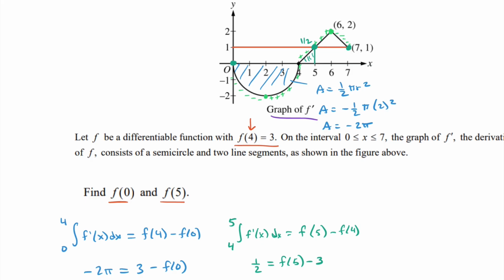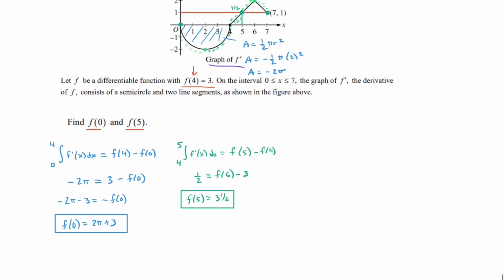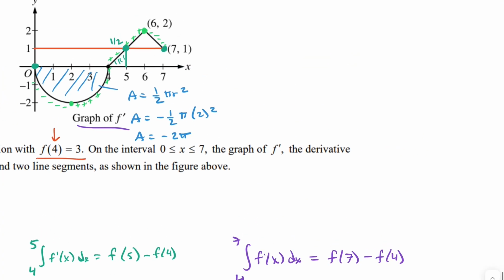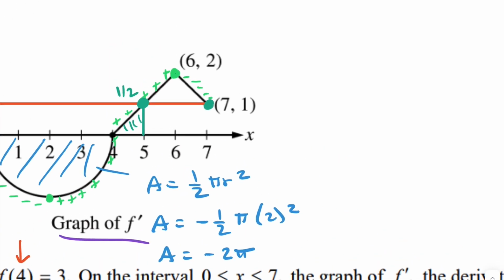Lastly, I don't have f of 7, so I'm going to have to work on finding f of 7. I need to do a third one here. I'm going to go from 4 to 7 of f prime, the accumulation from 4 to 7. I'm going to break it into a trapezoid, and that's 1.5.